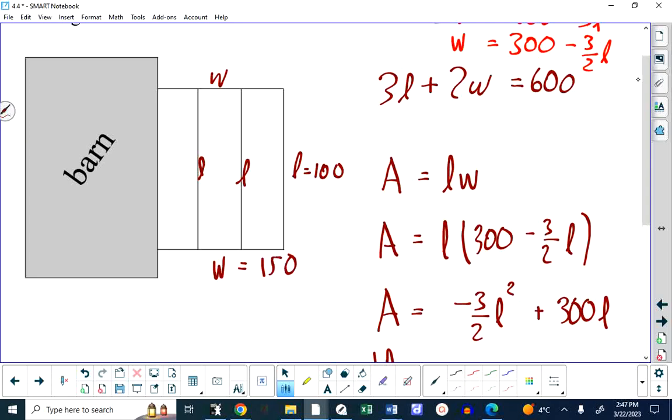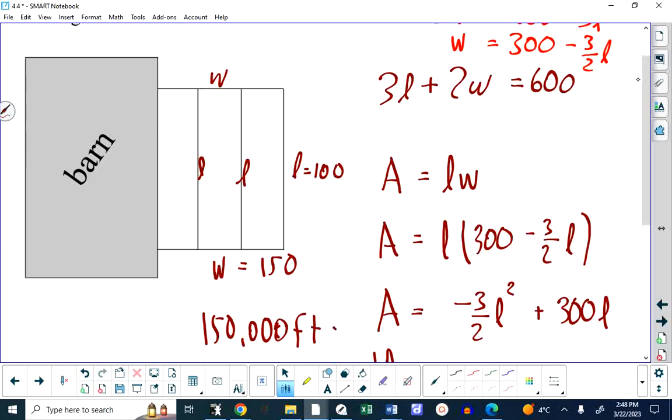I didn't use the formula for W. I just said 100, 100, 100 for the 3 L's. That leaves 300, 150 on each. What's the area? Multiply them, you get 15,000 square feet.